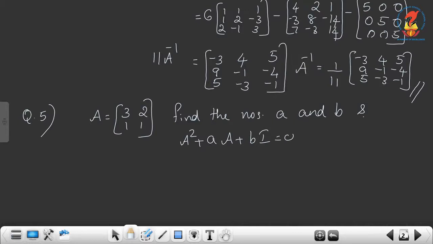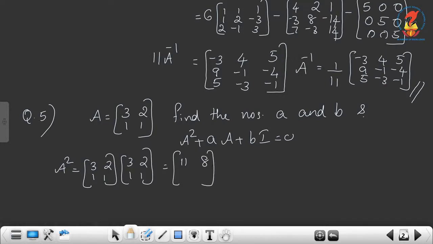A is given. So first we find A square: 3, 2, 1, 1 into 3, 2, 1, 1. Multiply: 3 into 3 is 9, 9 plus 2 is 11, 3 into 2 is 6 plus 2 is 8, 1 into 3 plus 1 into 1 is 4, 1 into 2 plus 1 into 1 is 3.